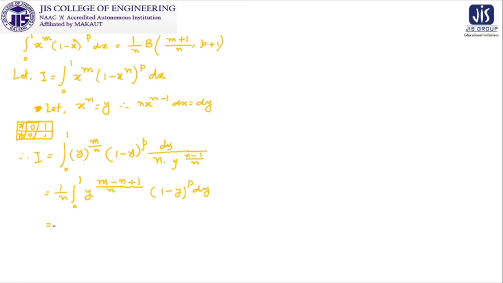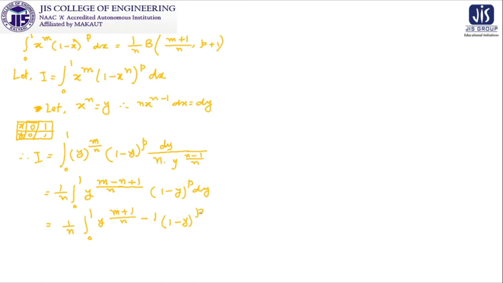So in the next line, what can we write? 1 by n, integration 0 to 1, y to the power, I am writing it as m plus 1 minus n. So m plus 1 by n minus n by n, that is 1. Clear? Then 1 minus y whole to the power p.